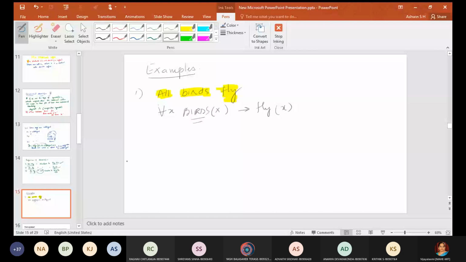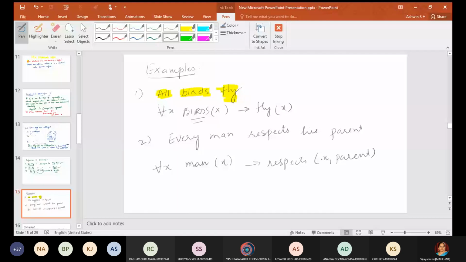Then, every man respects his parent. This is how we represent it using the universal quantifier.